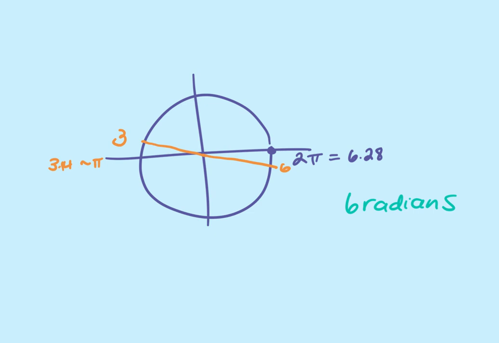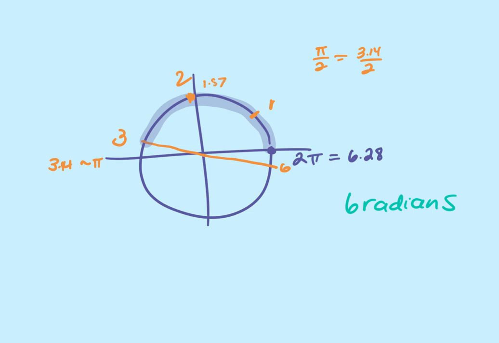So the easiest way to draw the rest of them is to take this space from 0 to 3 and divide it into thirds. So about 1/3 the way is 1 radian. About 2/3 the way, which is a little bit bigger because pi over 2 would be 3.14 over 2, which is 1.57.